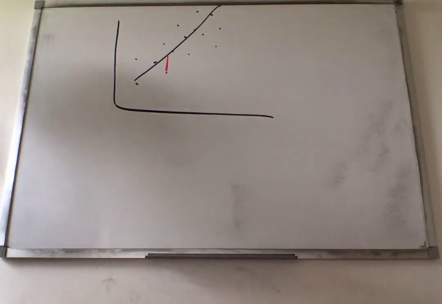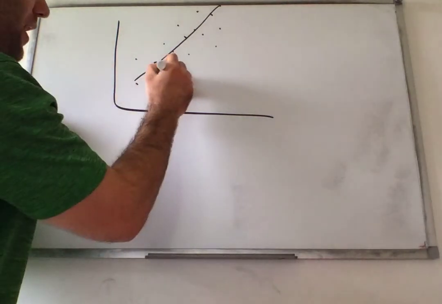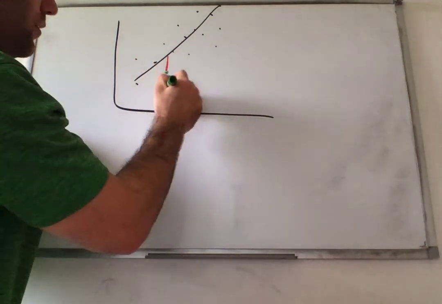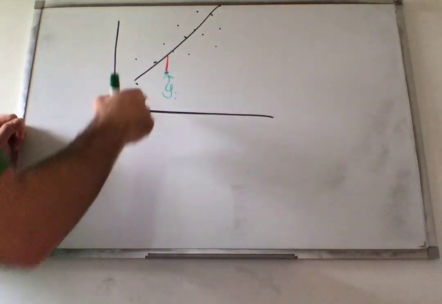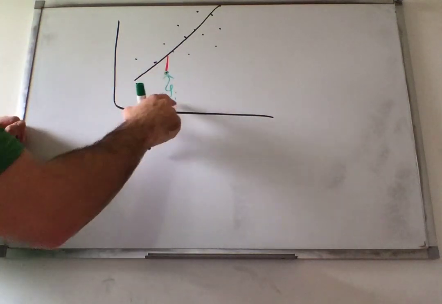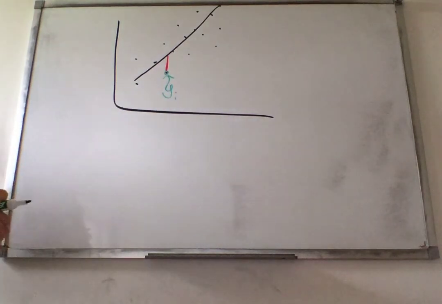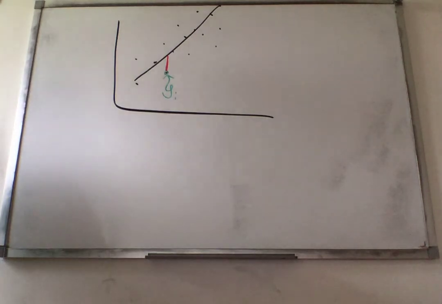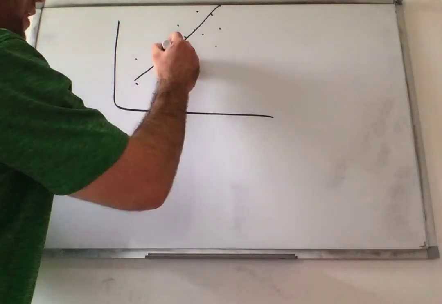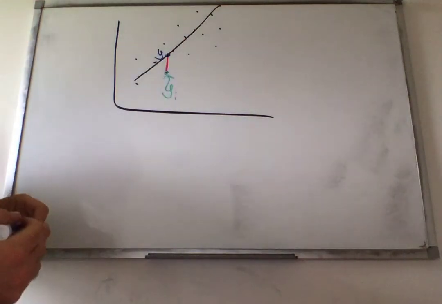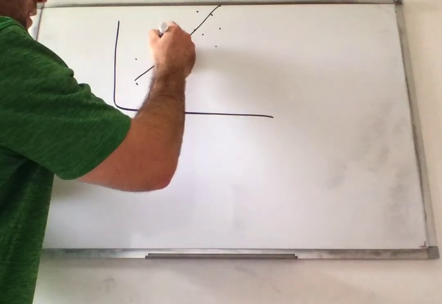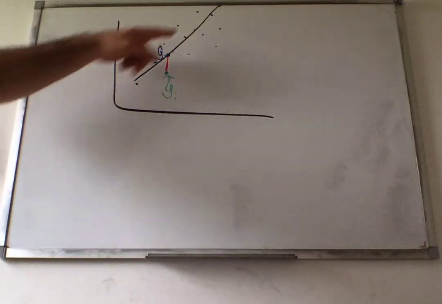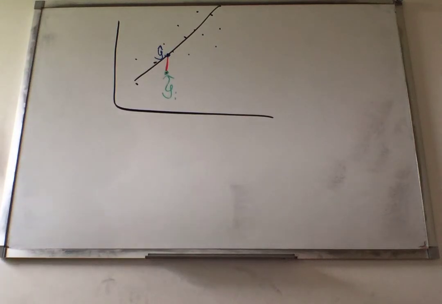So this point right here is our y sub i, the y coordinate of our ith point, whatever point we're talking about. And then this blue one right here, we're going to call y hat. That is the predicted value of this equation.